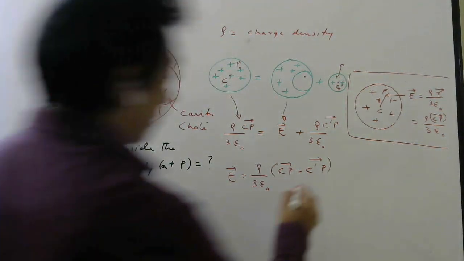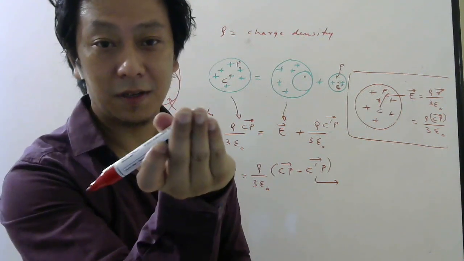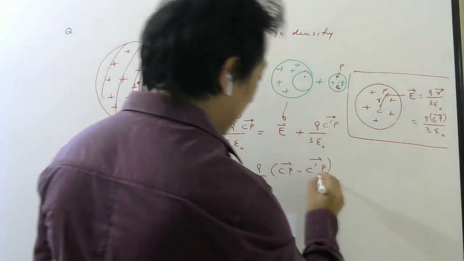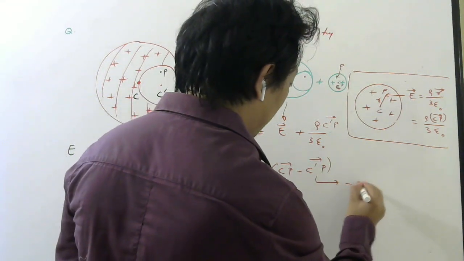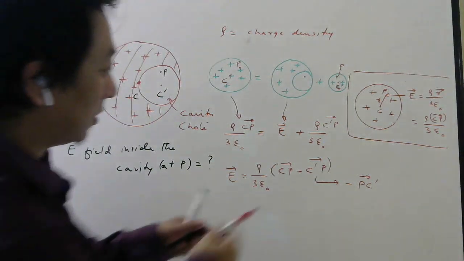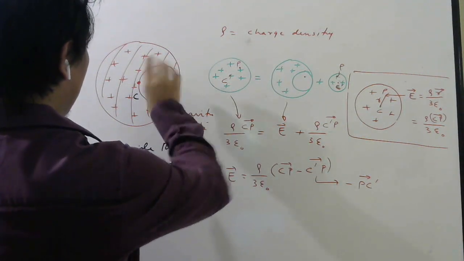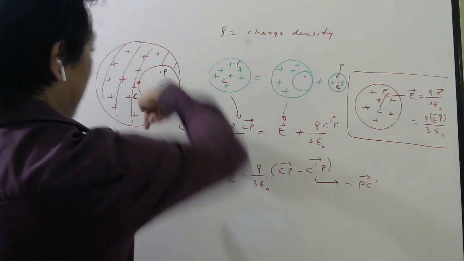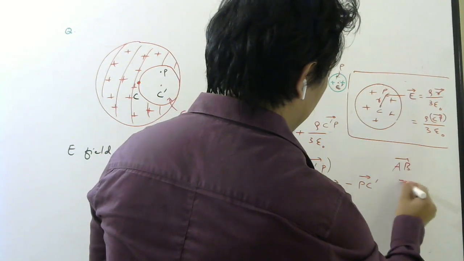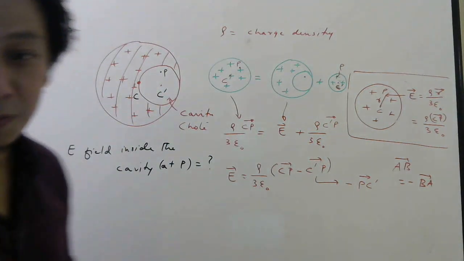Now you know that if you take a vector like this and flip it, it becomes the negative of that vector, right? So I can write C dash P as minus PC dash vector. So I hope you remember this: AB vector is minus of BA vector because they are equal and opposite.